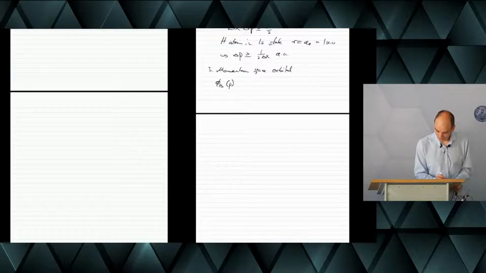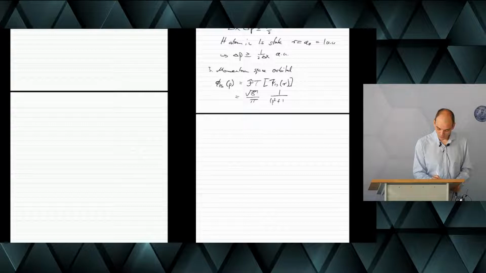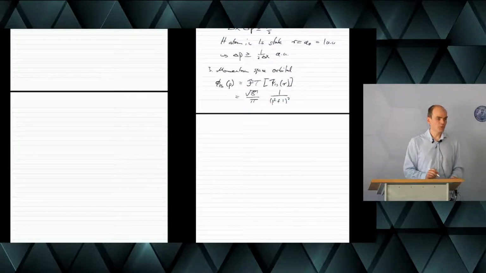This is connected through a Fourier transform to the spatial wave function. We can look up the ground state of hydrogen, then perform the Fourier transform, and what we find is this result here: square root of 8 over pi times 1 over p squared plus 1 squared. So this is the momentum space orbital.